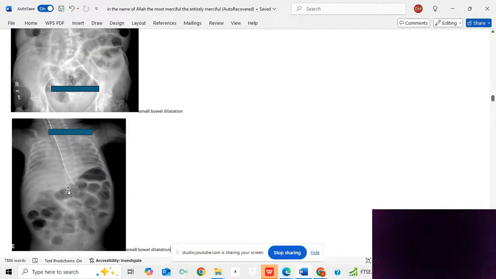Another example, centrally located. They tend to not spare the lower 2 or 3. Can you see this? Yeah, this is the iliac bone. Okay, so here they tend to not spare the lower 2 or 3 lumbar vertebrae and centrally located.